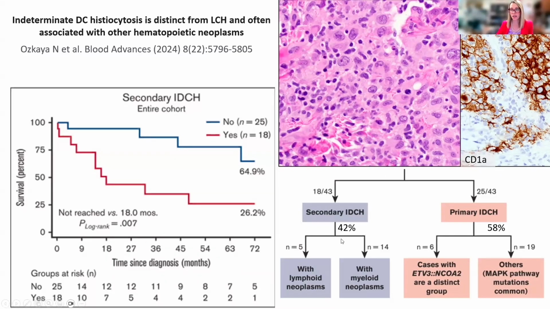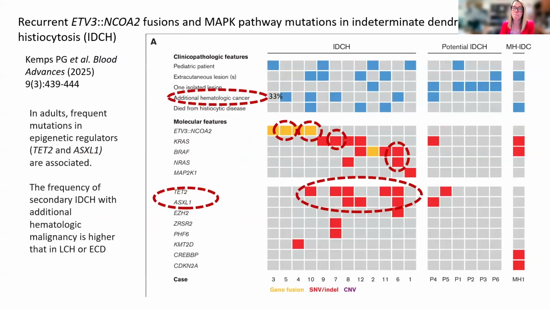So whether it's based on the shared clonality, knowing that some of these can have a little bit more atypical look to them, a sort of borderline, in some of these cases with a malignant histiocytic counterpart to these. But it's important to always recognize, especially in adults, whether it's associated with another hematopoietic neoplasm.